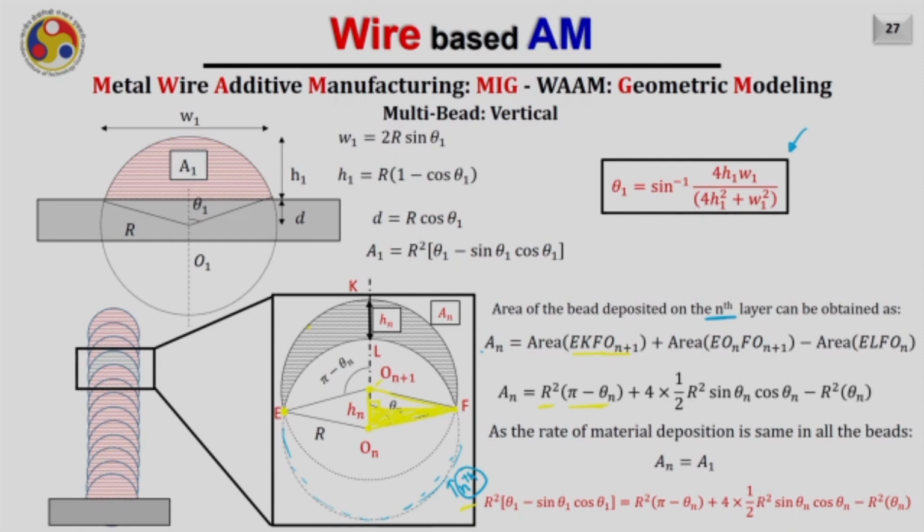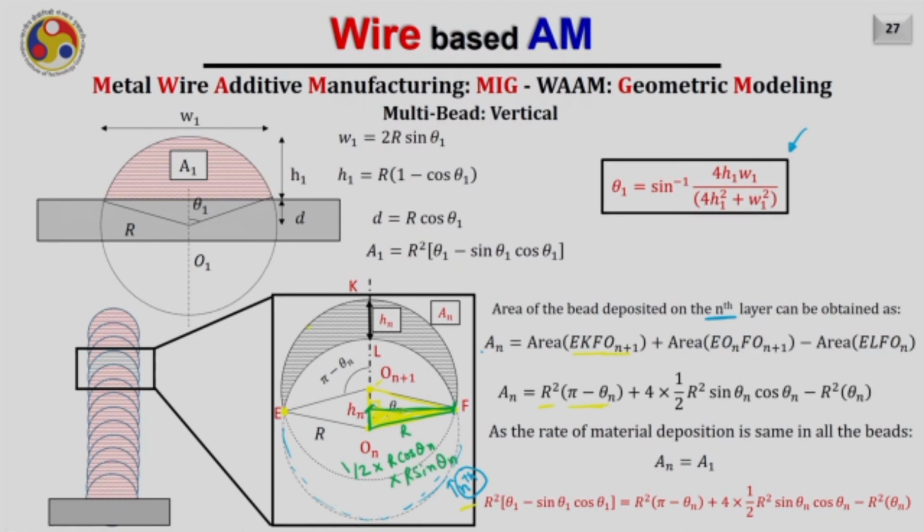If you remember, we have already calculated this once, but again this area will be equal to half of this distance, which is nothing but, if this is r and this angle is theta n, r cos theta n multiplied by this distance from here to here, which is r sin theta n.